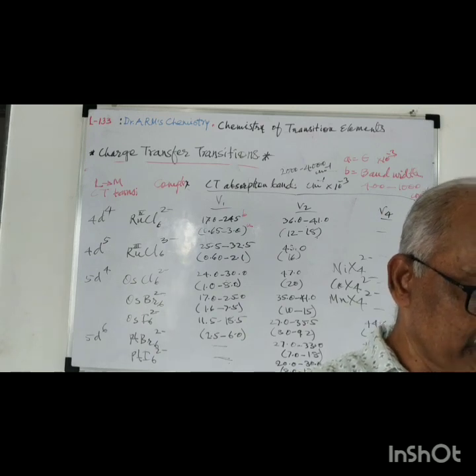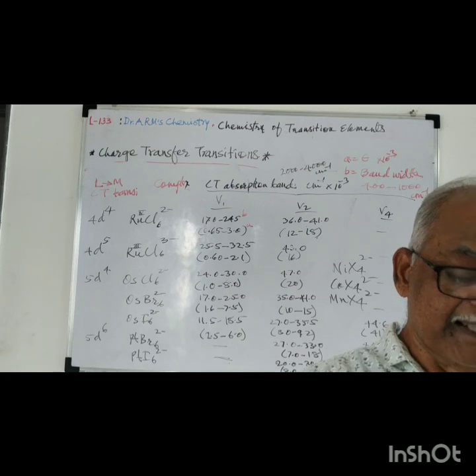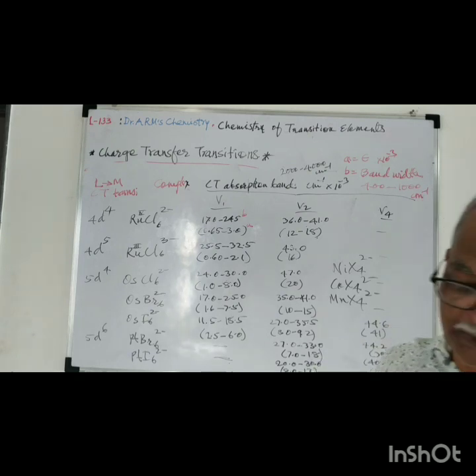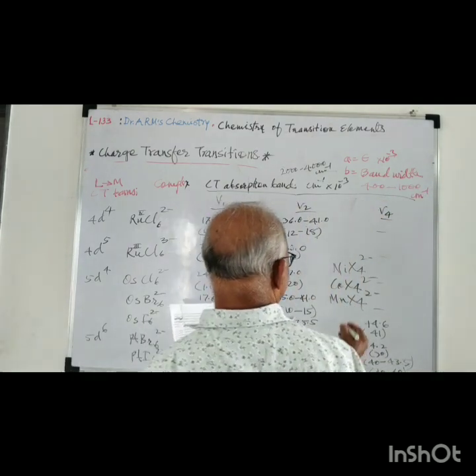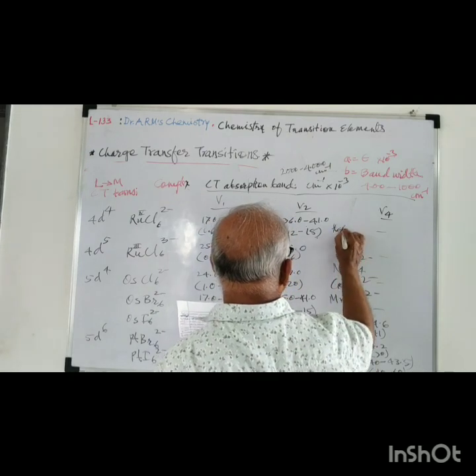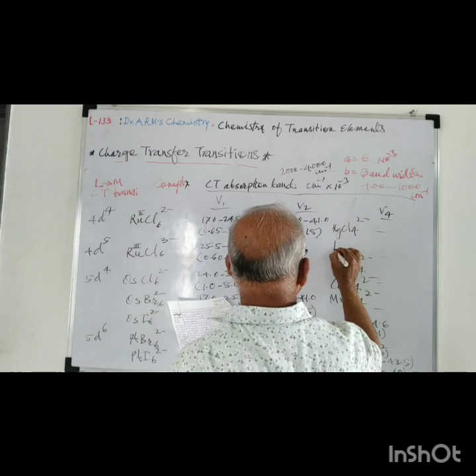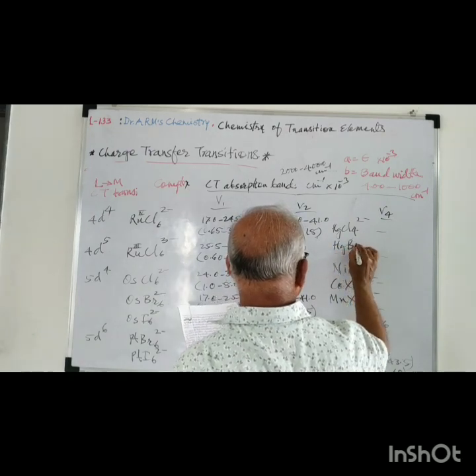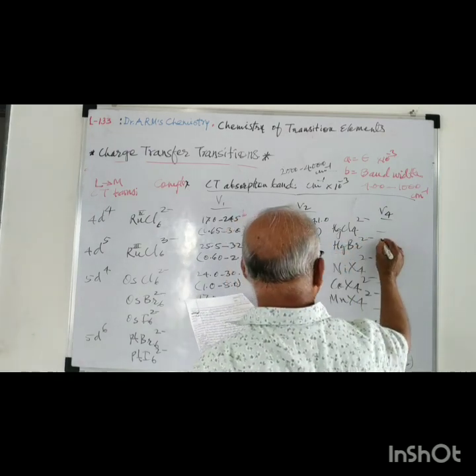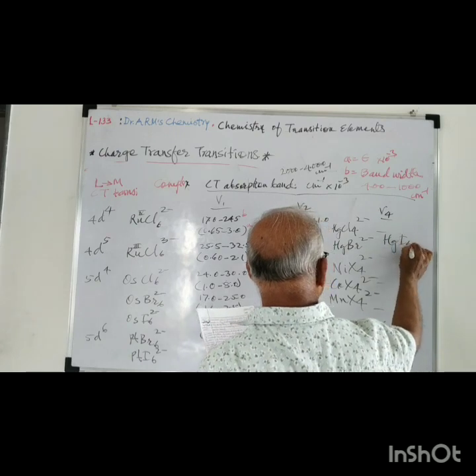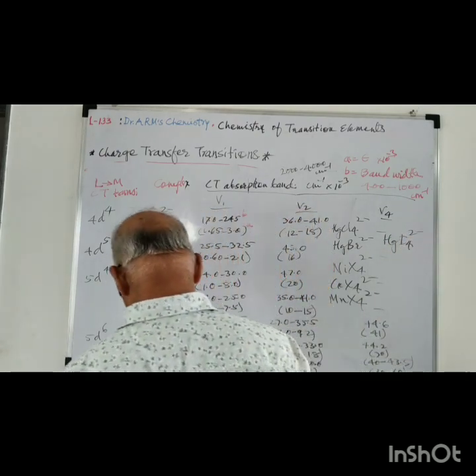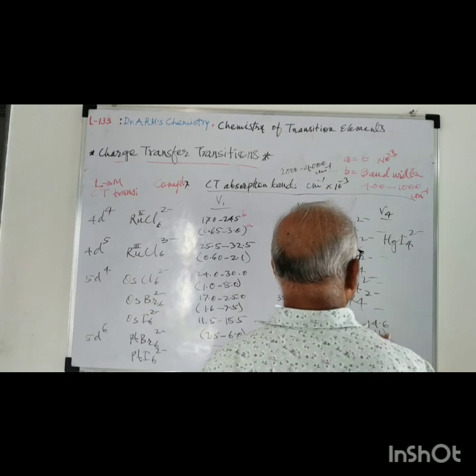The series of complexes such as HgCl2, HgCl4 2 minus, HgBr4 2 minus and HgI4 2 minus have absorption bands.